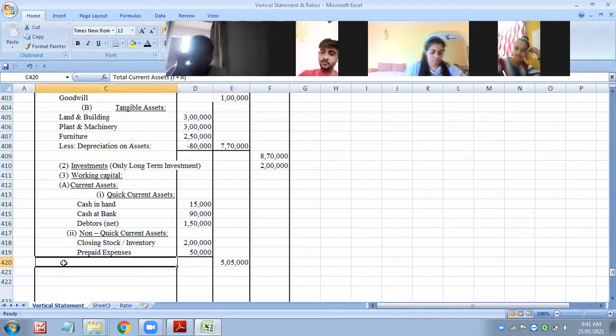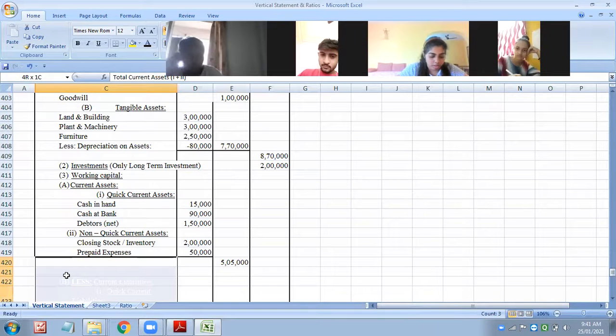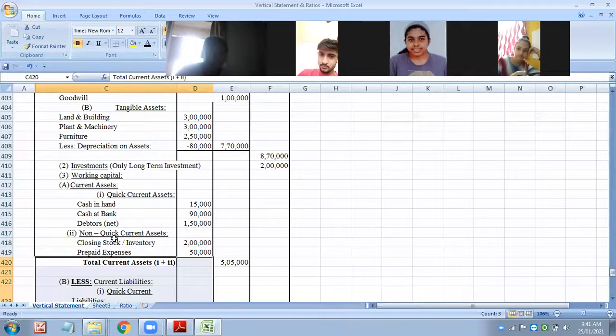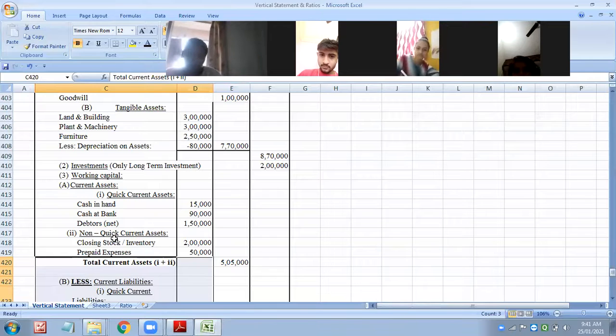From this, we will deduct current liability. Again, in current liability, we will divide as quick and non-quick.